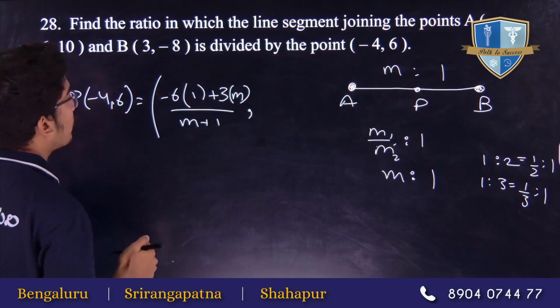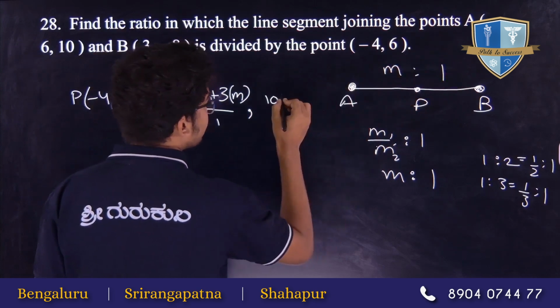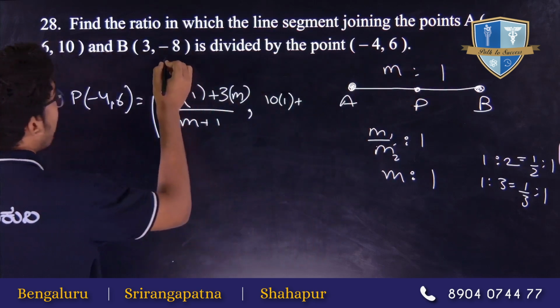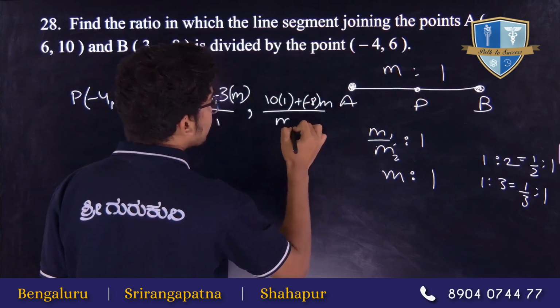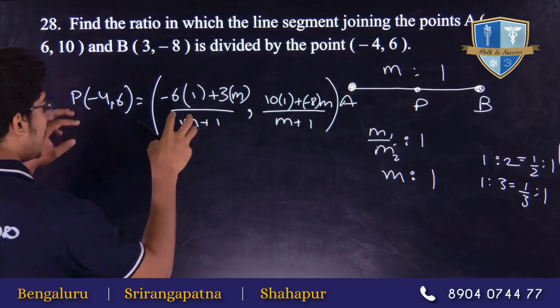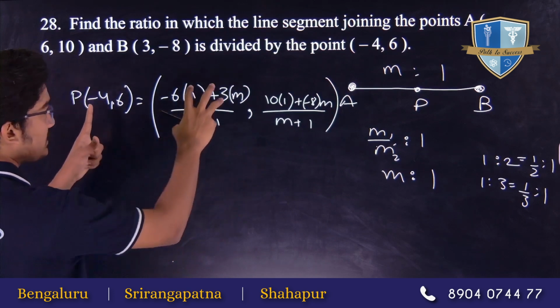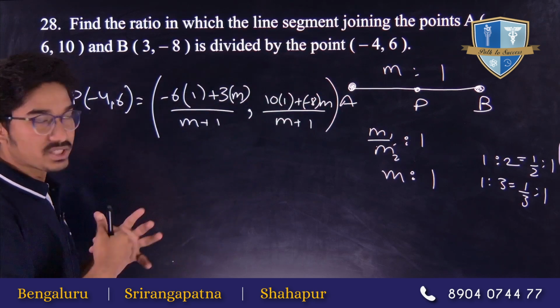Same for the y coordinate: 10 into 1 plus -8 into M, divided by M+1, correct? So -4 is equal to this and 6 is equal to this. Using any one equation, you can find your answer.